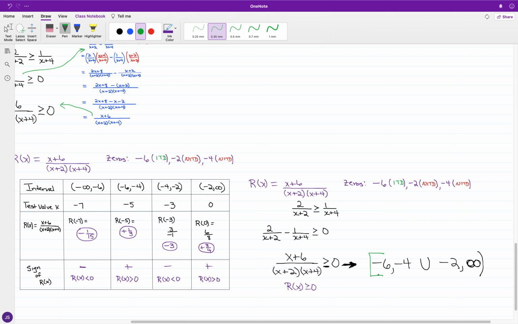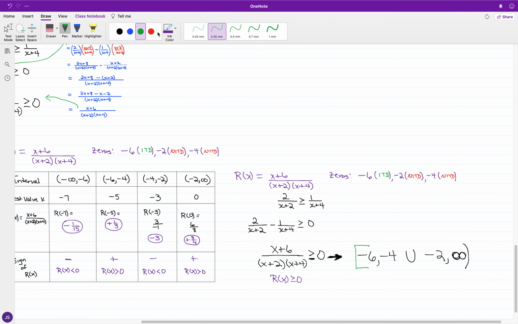For -4, that is not in the domain, so the rational function would be undefined at x equal to -4, and the same thing can be said for -2, the undefined situation at x equal to -2. So those values are going to be in parentheses. Okay, so this would be the interval solution for this inequality.